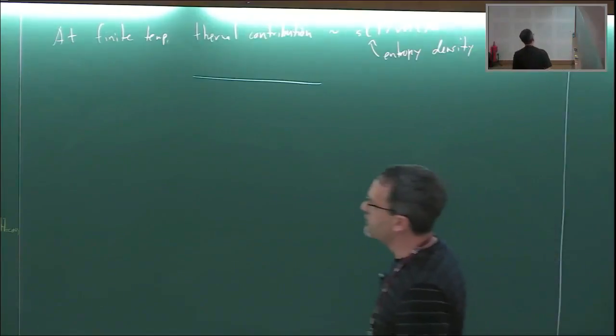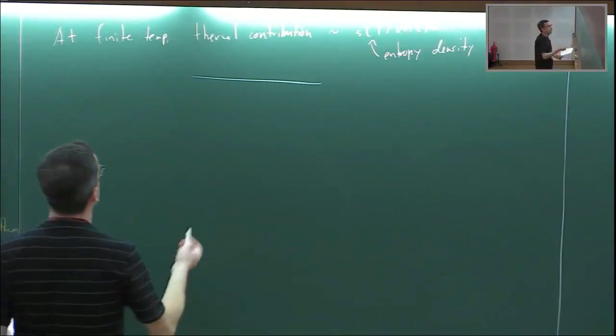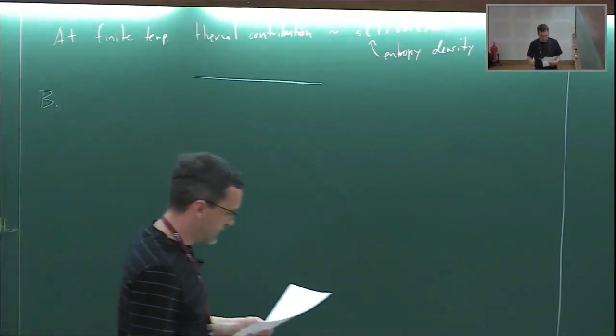I may have had some numbering system for my sections. I think this may have been A, the spin systems. Anybody who's taking notes, you can recalibrate at some point. But let's pretend like it was like this.